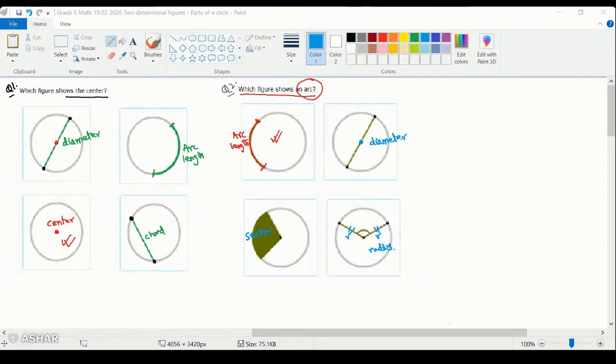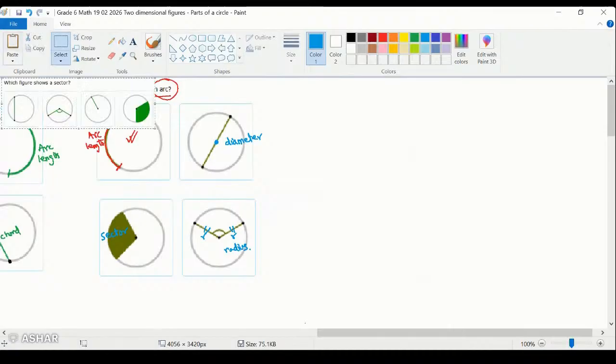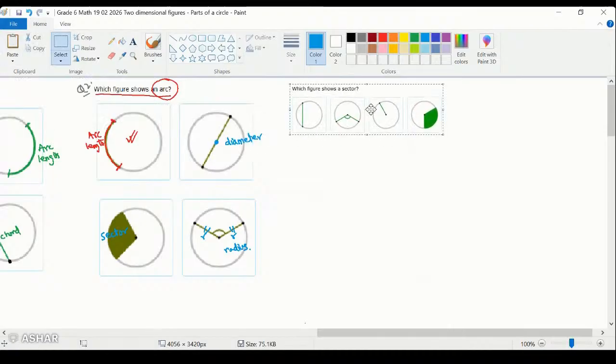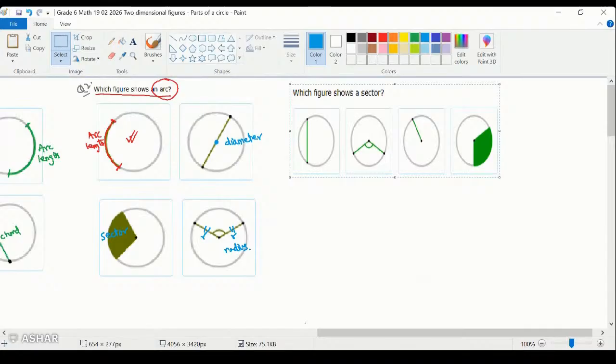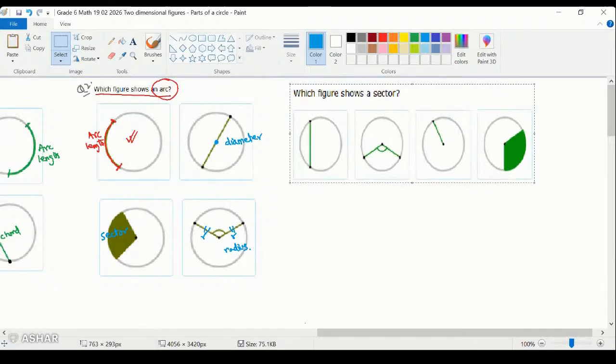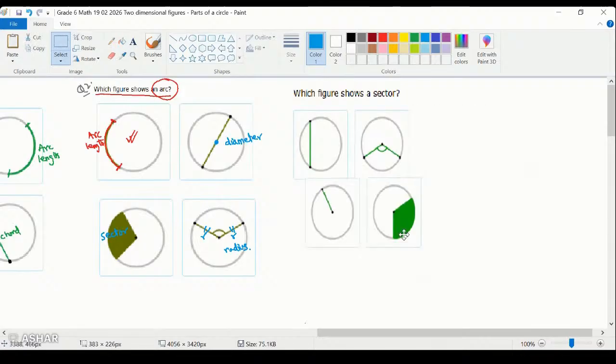For the next question, they're asking us, which figure shows us a sector? Question number three. Which figure shows us the sector, such that this information is provided to us?